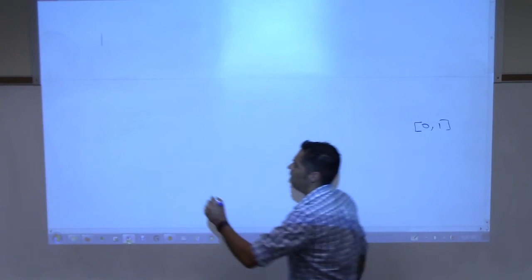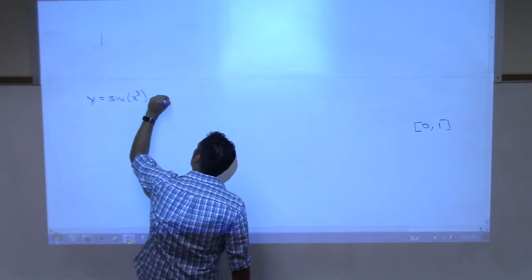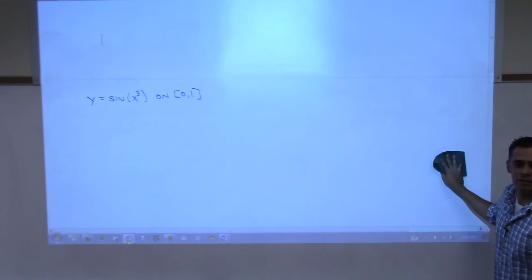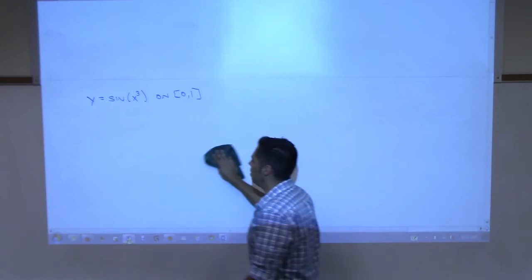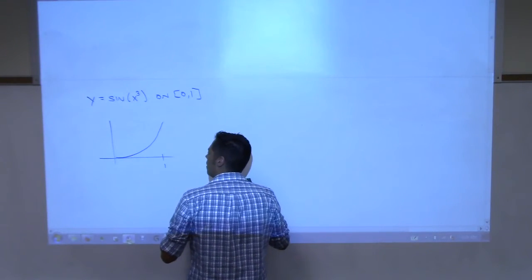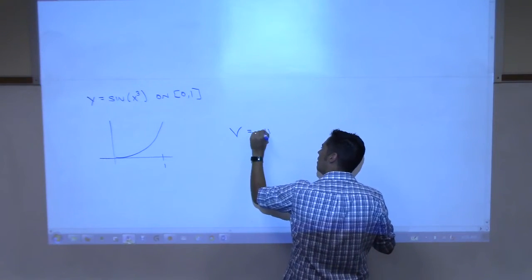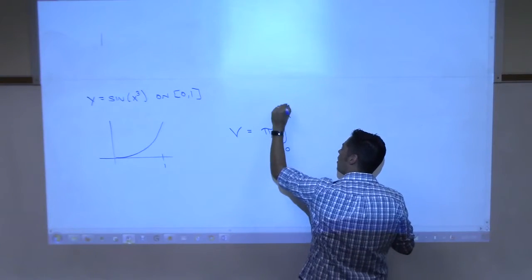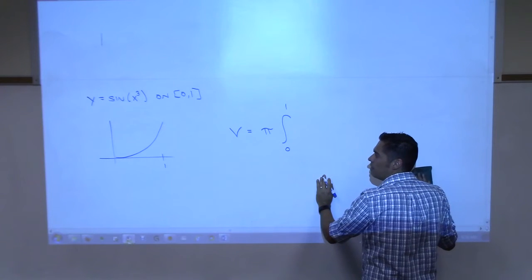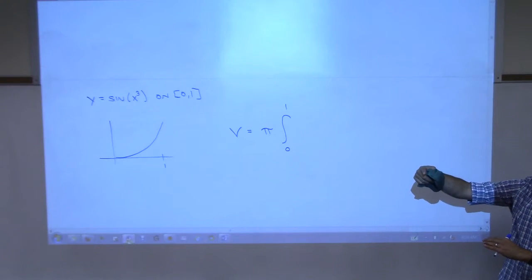If I take y equals sine x cubed on the interval 0, 1, and rotate that around the x-axis, the volume should be pi integral 0 to 1 of f of x squared minus g of x squared. f of x is the outer radius, g of x is the inner radius.